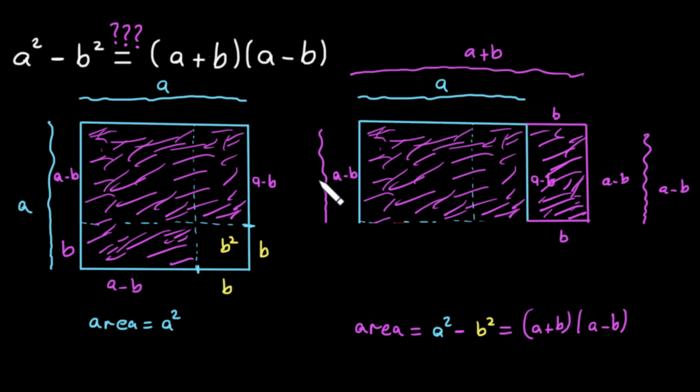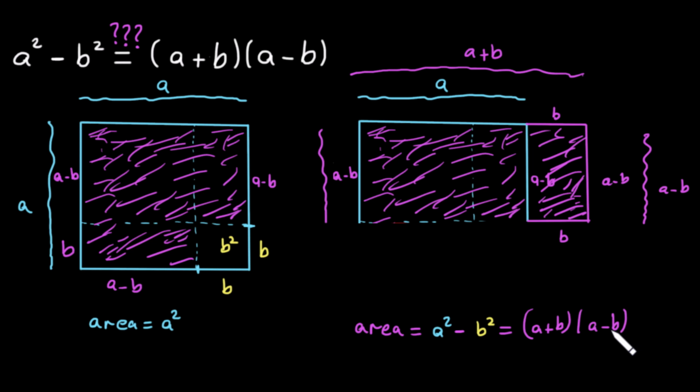This multiplied by this gives me the area of the rectangle, which is a square minus b square equals a plus b multiplied by a minus b.